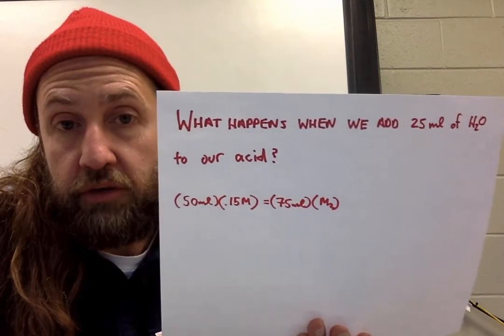Okay, so my initial volume is 50 milliliters, and then it had a molarity of 0.15 molar, and then my new volume, if I add 25 milliliters to it, is going to be 75 milliliters, and that's going to give me a new molarity M2. So that's the simplest way to approach it.